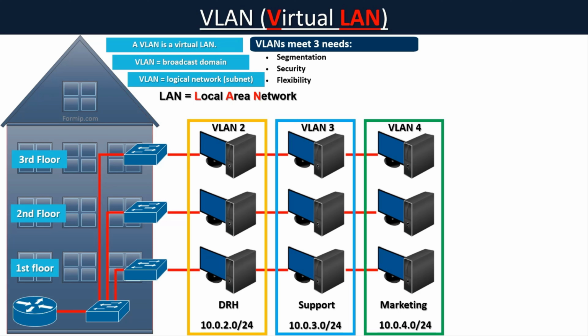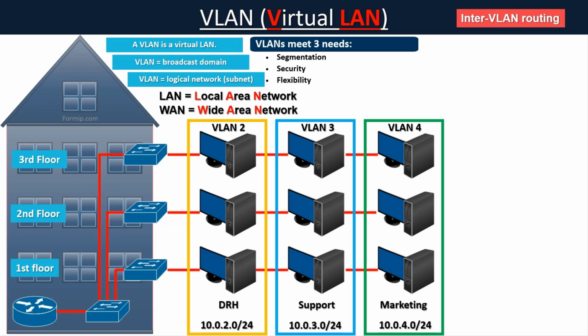A VLAN may exist on one or more switches, and PCs may be in one or more buildings, and can also connect through the WAN. The process of transferring network traffic from one VLAN to another using a router is called inter-VLAN routing.